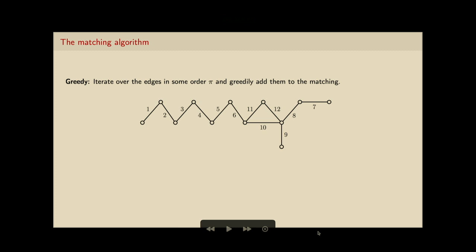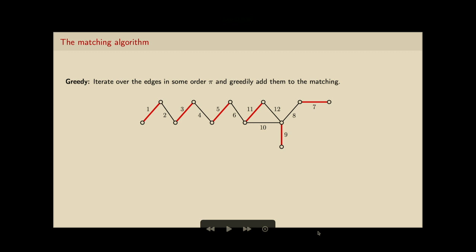The matching M that we fix is going to be the randomized greedy maximal matching, which Cheyenne defined, but here I'm going to quickly define it again. So you have an ordering over the edges. You process the edges one by one in the order of this random permutation. So for example, edge 1 joins the matching, 2 does not because it's already incident to 1, then 3 joins, then 5, then 7, 8 does not, 9, and then 11.